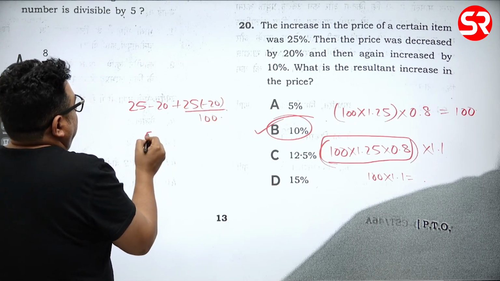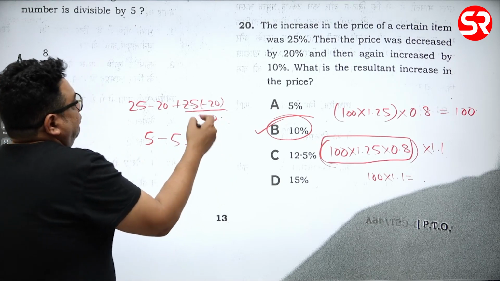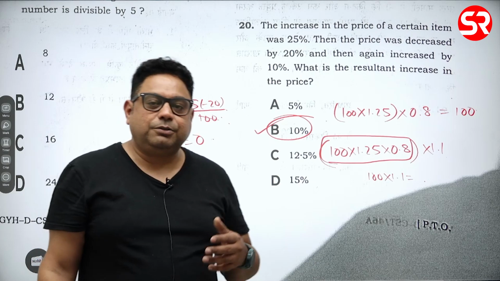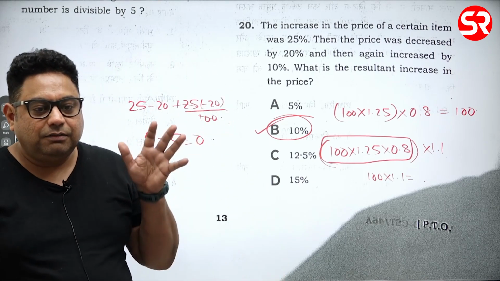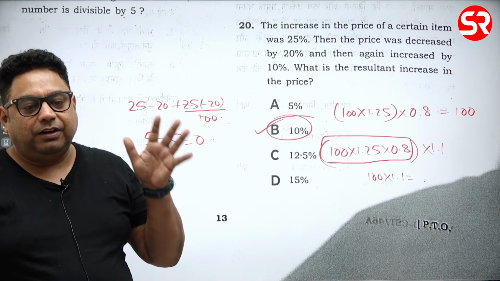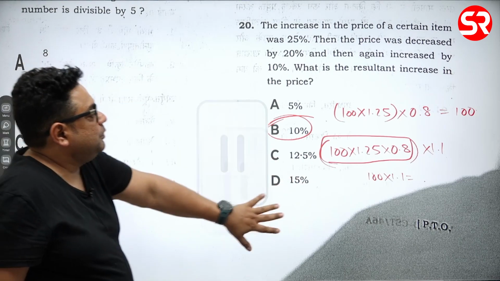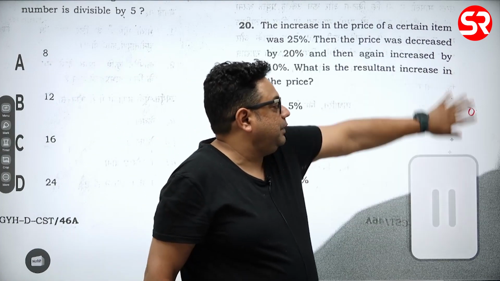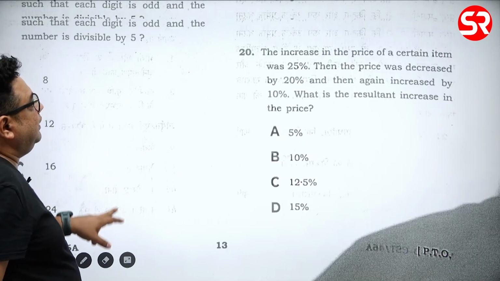This is minus 5. So 25% increase and 20% decrease is 0. All right, we have done it 10 different ways, and in all different ways the answer would be 10% increase only. And this question has come so many times in your paper. I think you should have seen it, you should have pounced upon it. We have done it in the classrooms.